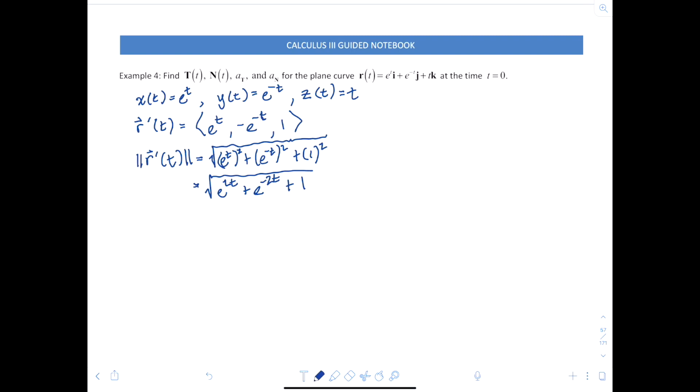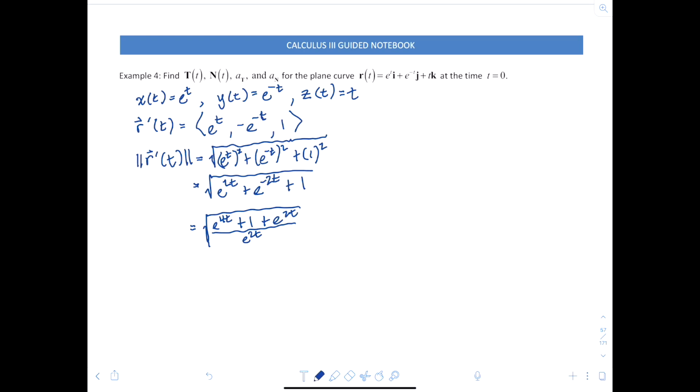Now, if we were to get a common denominator, we would end up with e to the 4t plus 1 plus e to the 2t all over e to the 2t, which remember is equivalent to e to the t quantity squared.